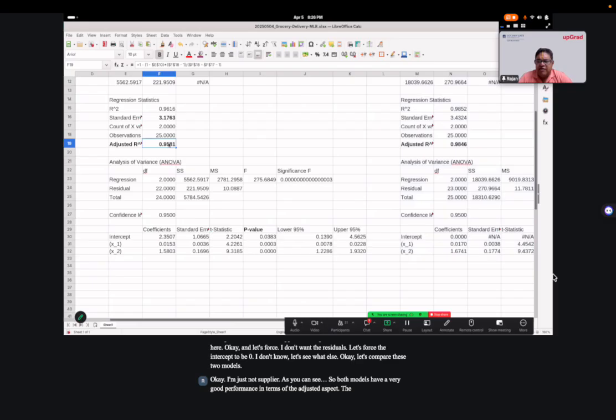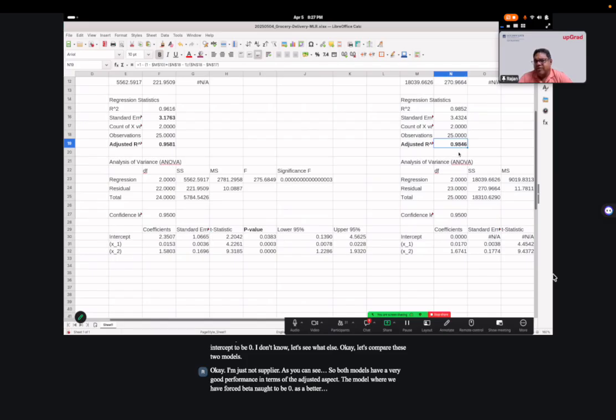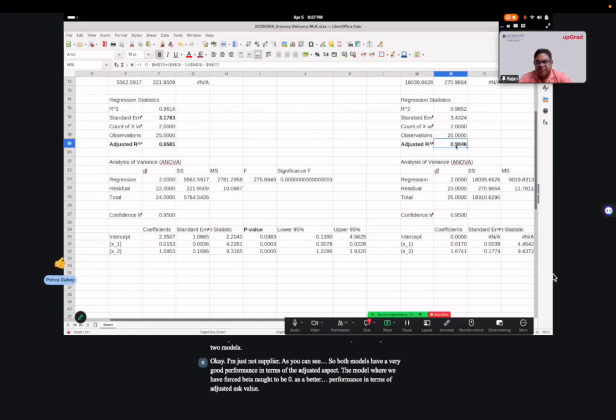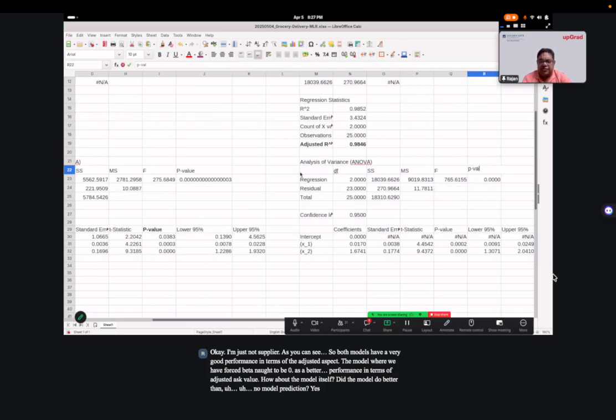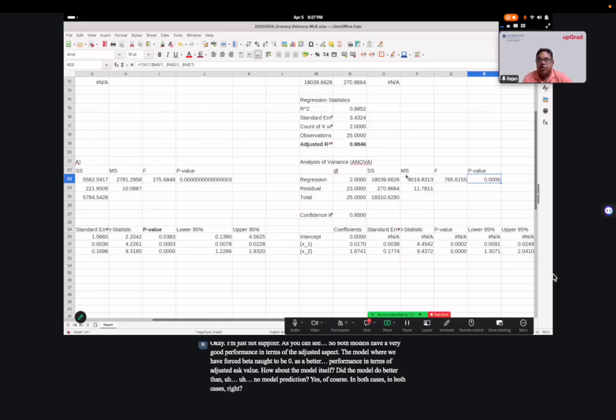The model where we have forced beta naught to be 0 has a better performance in terms of adjusted R squared. How about the model itself? Did the model do better than no model prediction? Yes, of course. In both cases, right? So let me go here and increase the number of decimal points and see.